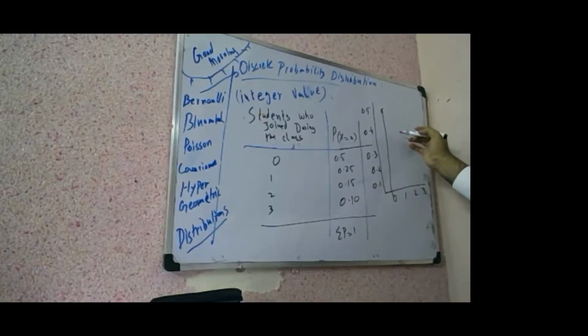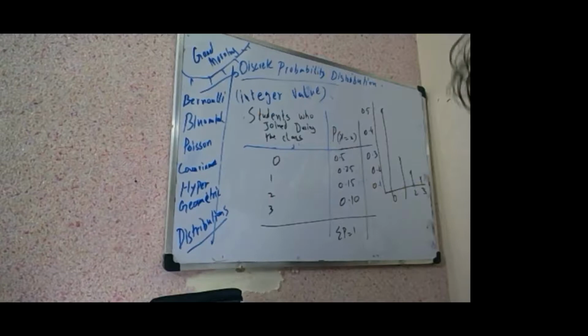And similarly, 0.25 is one student will join, and very few is this one. So this is how I draw the graph, and this is how I give a contingency table.